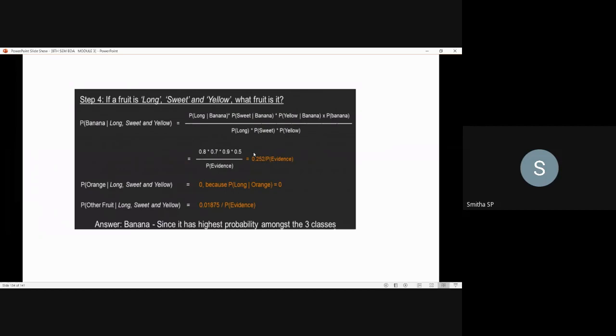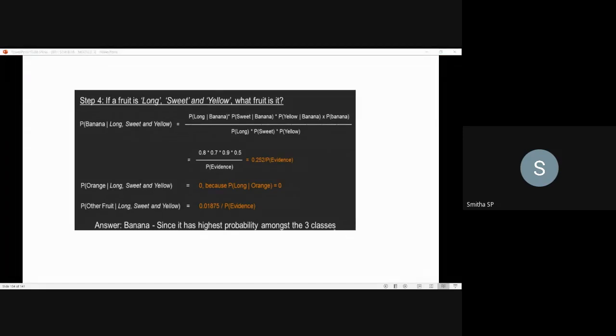So the likelihood is that the fruit you are having is the banana. That is the highest probability among the three classes. Like this you can compute the naive Bayes analysis.